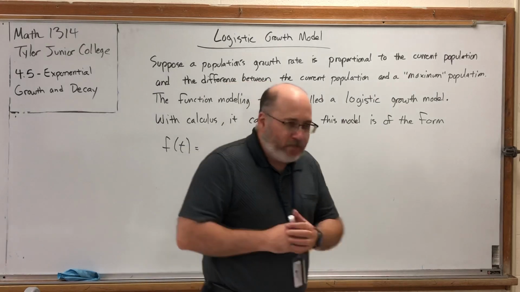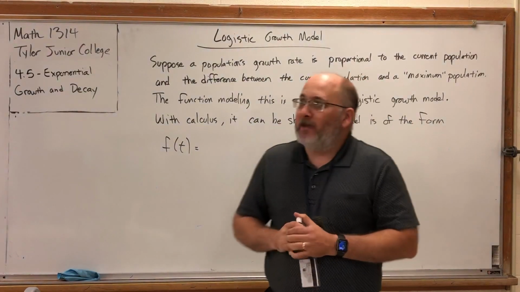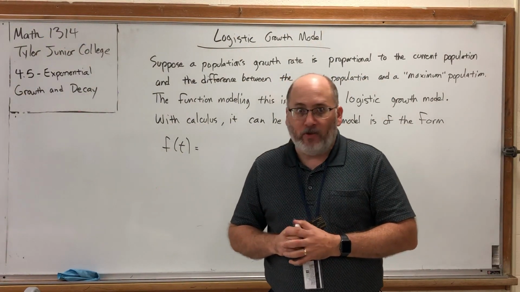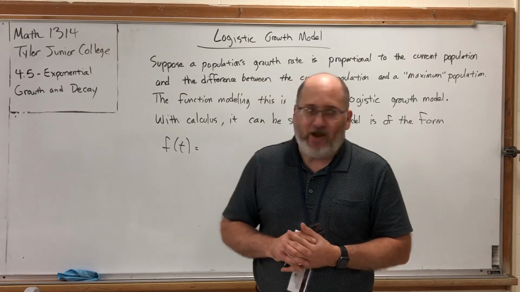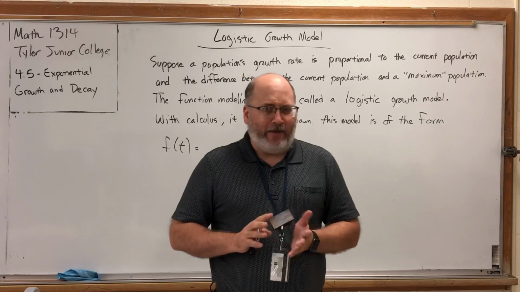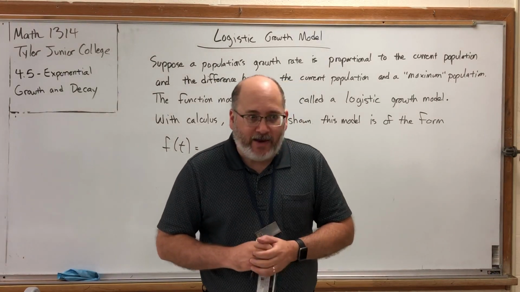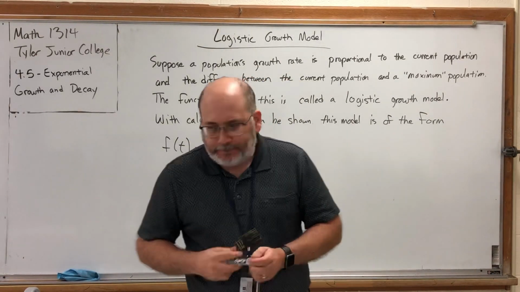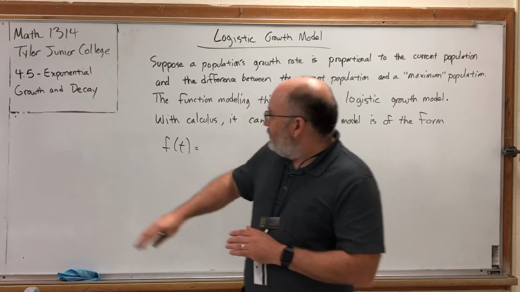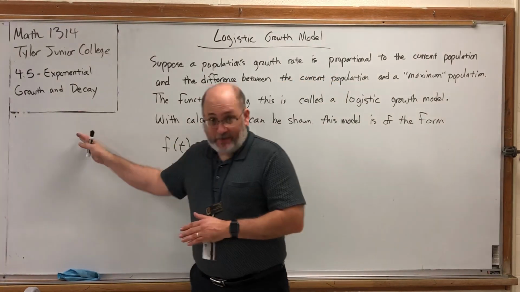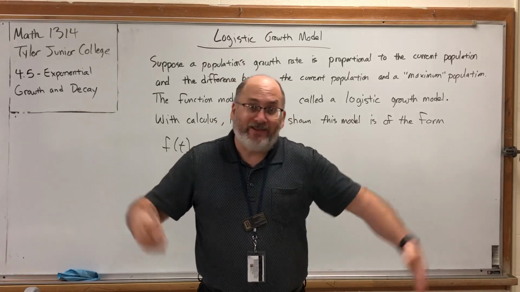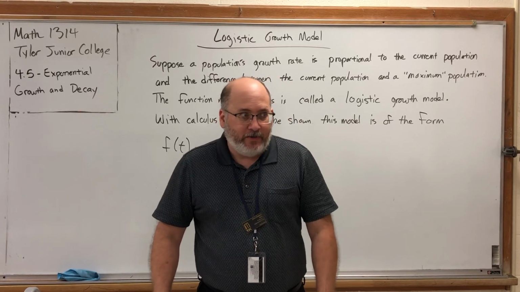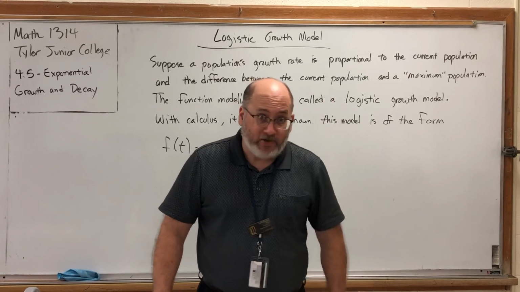Or think of it this way. Let's say that we have a population of people in a city. And not that this would ever happen, but there's some sort of virus going around that is easy to transmit. If we use the exponential growth model to model the number of people in that city that have this virus, at some point it's going to surpass the population of the city.